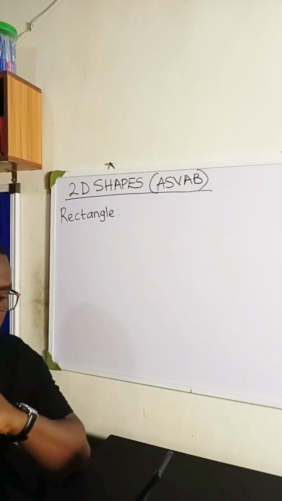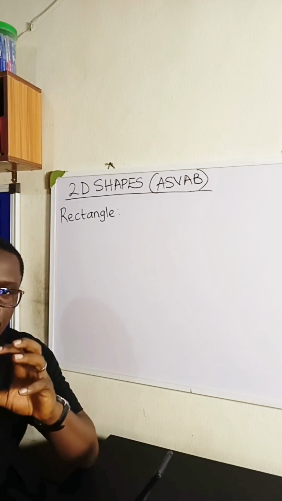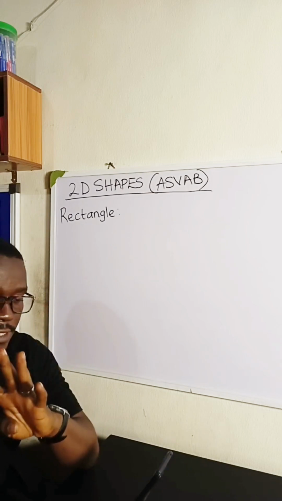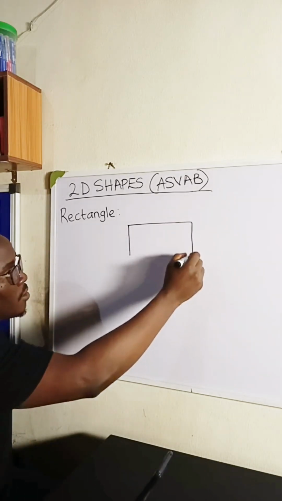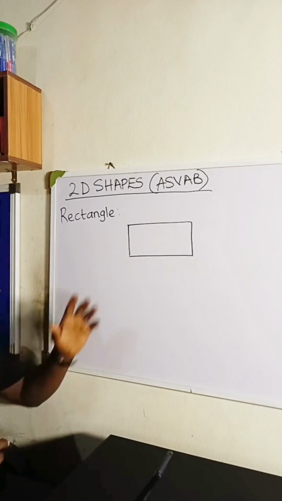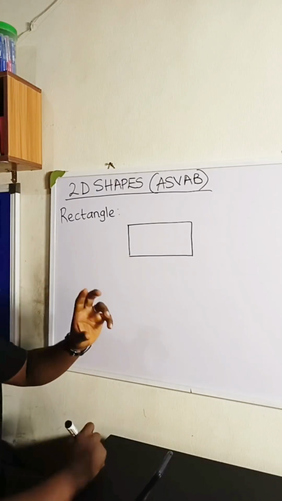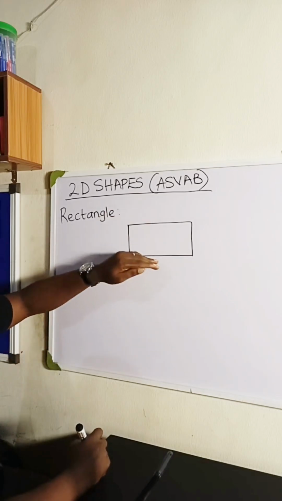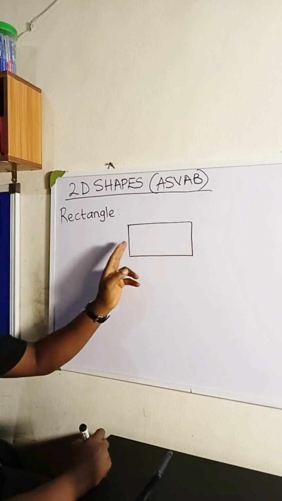So let's see how to calculate the area and the perimeter of a rectangle. A rectangle is a 2D shape that has 4 sides. Okay. So if you have this shape, this is a rectangle. It has 4 sides. But if you observe closely, you see that two opposite sides are longer than these two opposite sides, right?